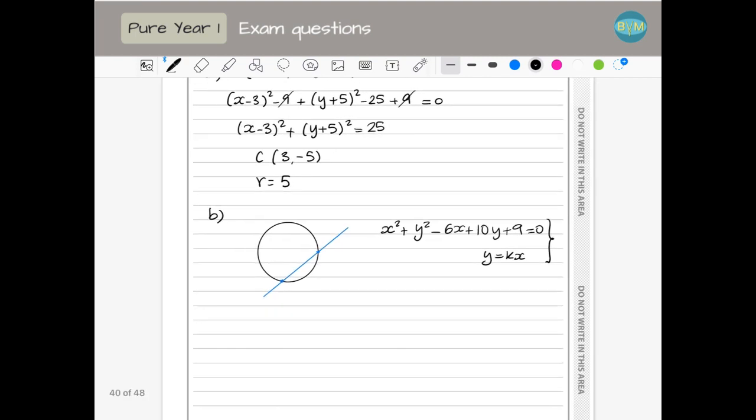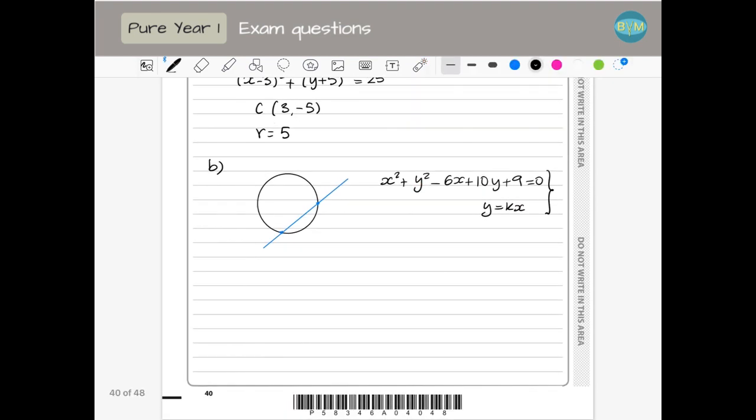So what we are going to do in this case is substitute the y here and here. If we do that, we have x squared plus (kx) squared minus 6x plus 10kx plus 9 equals 0. And this equation is going to give us the x of the 2 points of intersection.